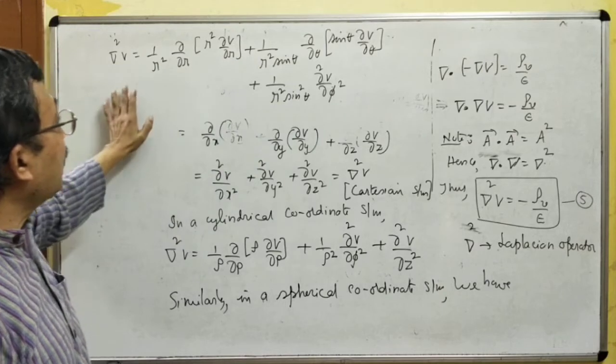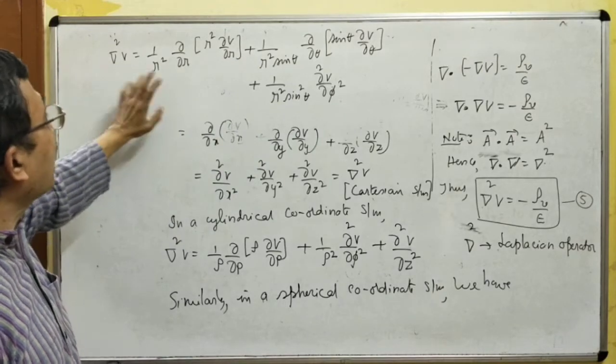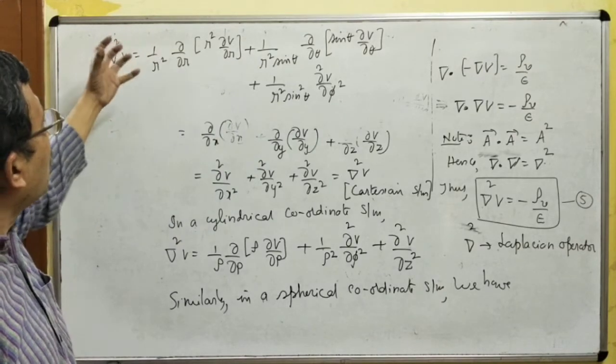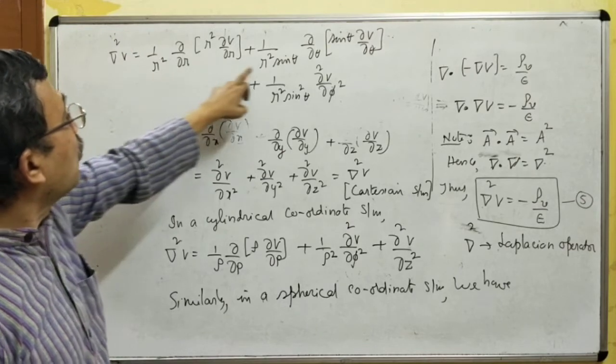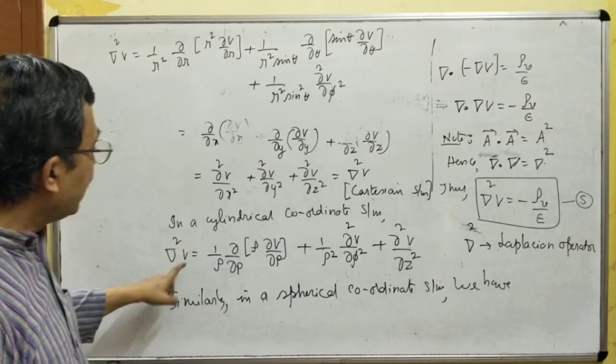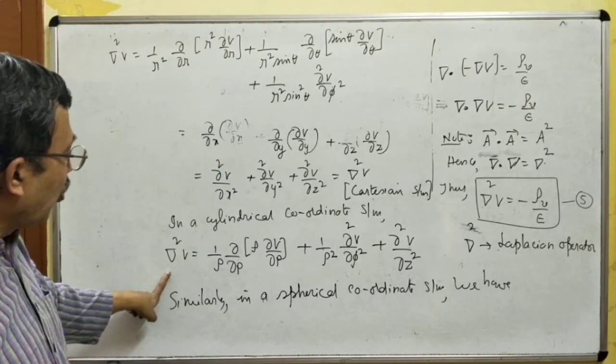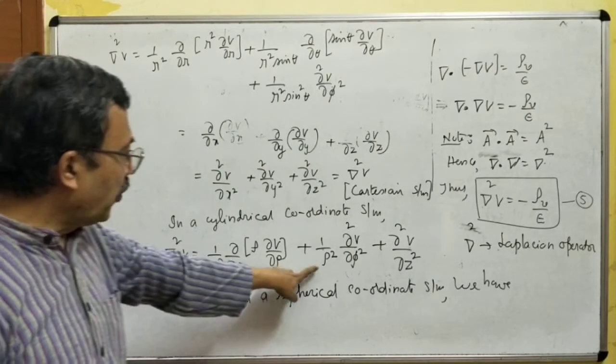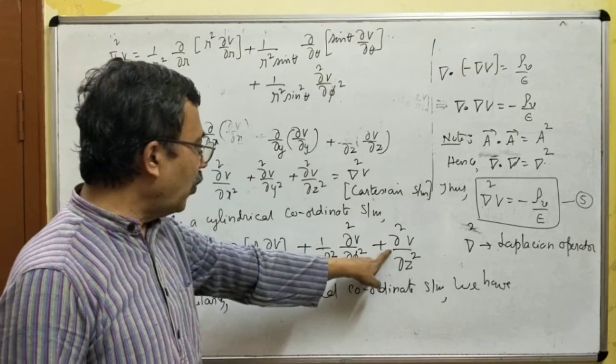The coordinates in a spherical coordinate system are r, theta, phi. Please remember the coefficients 1 by r square, 1 over r square sin theta, 1 over r square sin square theta. In cylindrical coordinates, the coefficients are 1 by rho square, 1 and 1.